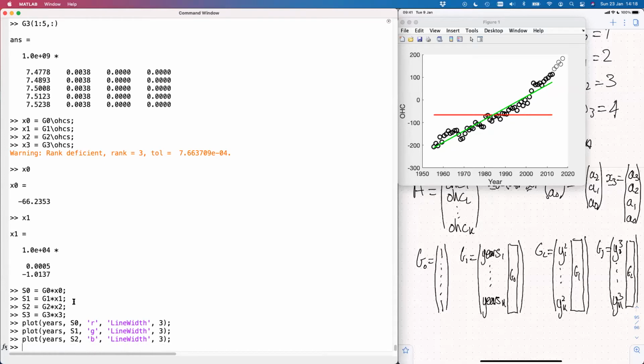There it is. You can see that we probably capture a bit more of the trend of that data compared to the linear model, particularly at the beginning and the end. It looks a bit closer. And finally, the cubic model.